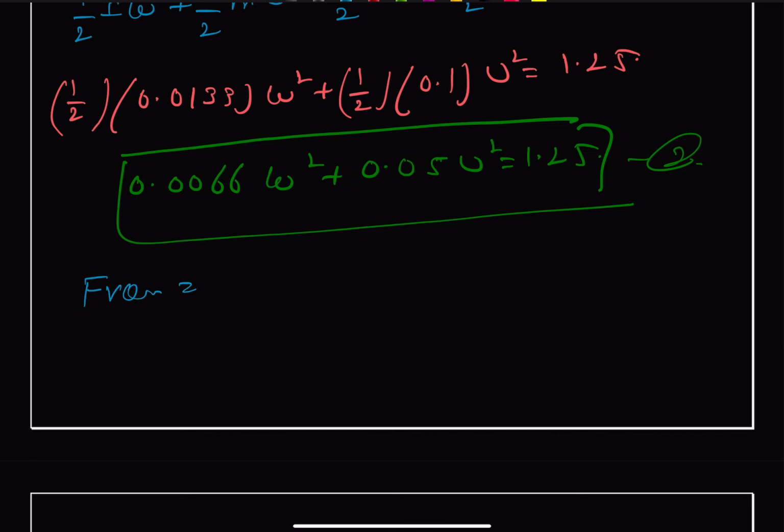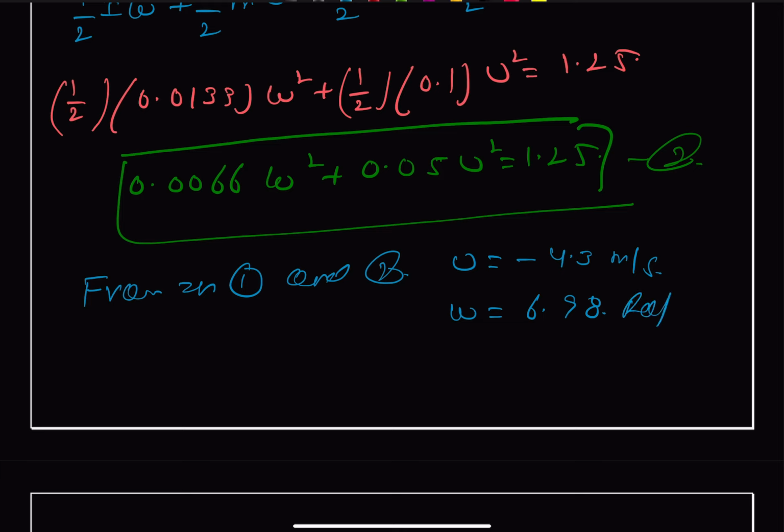We get that the value of v is equal to minus 4.3 meter per second, and omega will be equal to 6.98 radian per second, and this negative sign is only for direction purpose.